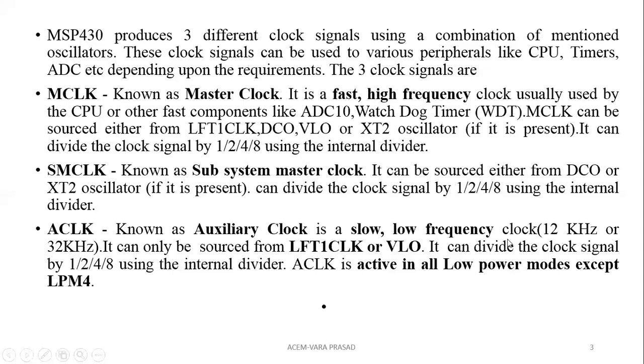ACLK is generated by using LFXT1 or VLO, and it is also divided by 1, 2, 4, 8. This clock is active, that means ACLK is available in all low power modes except low power mode 4. Okay, those are the clocks.